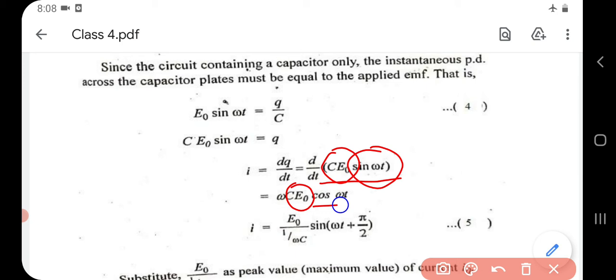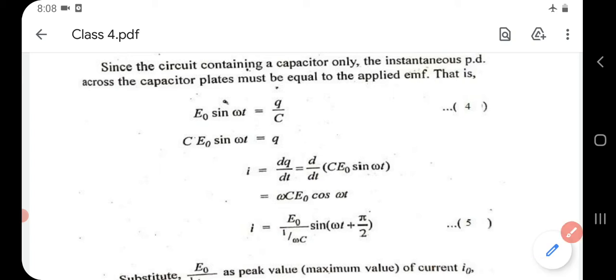Cos omega t times omega. Okay, so you get that equation, omega C E0 cos omega t. Again we are just arranging this in a convenient way, that is E0 is kept as such. Then omega C is written as 1 by 1 by omega C, so E0 divided by 1 by omega C is the same as omega C E0. So you are just rewriting this in this form. Okay. Then cos omega t.